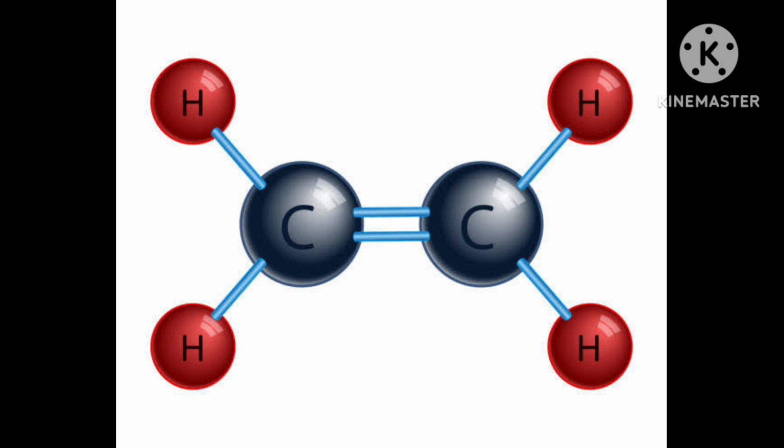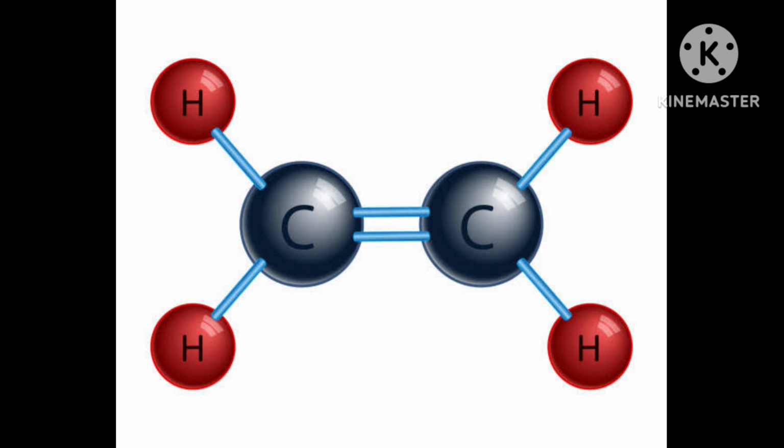But on the other hand, when the staggered form changes into the eclipsed form, the electron clouds of the carbon-hydrogen bonds come closer to each other, resulting in an increase in electron cloud repulsion. To check the increased repulsive force, molecules will have to possess more energy and thus have lesser stability.